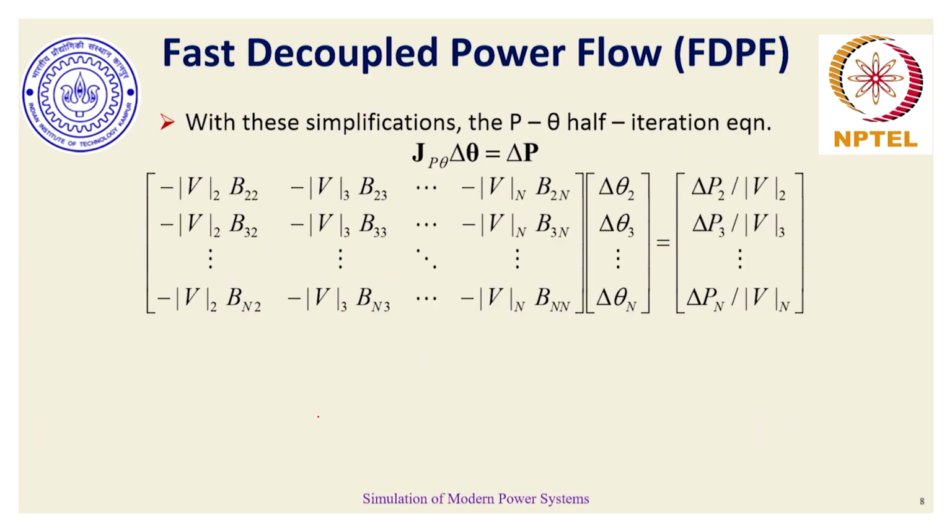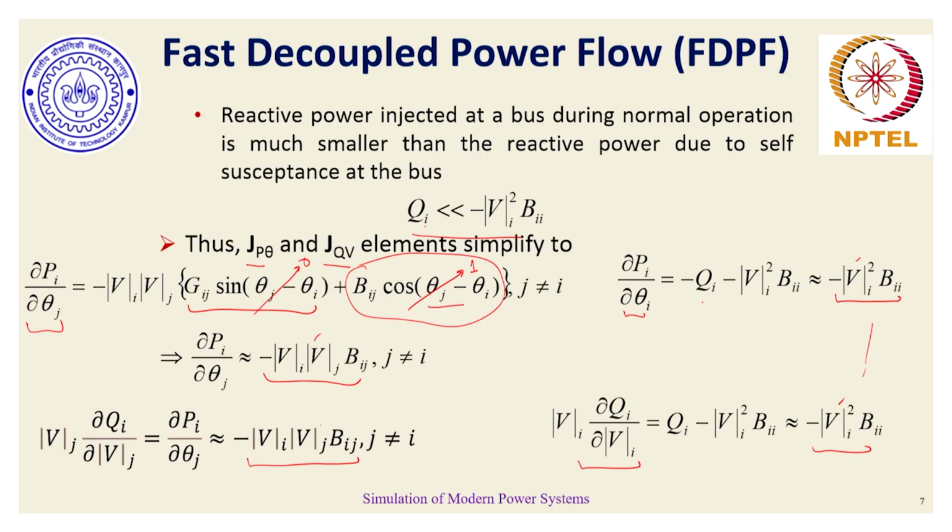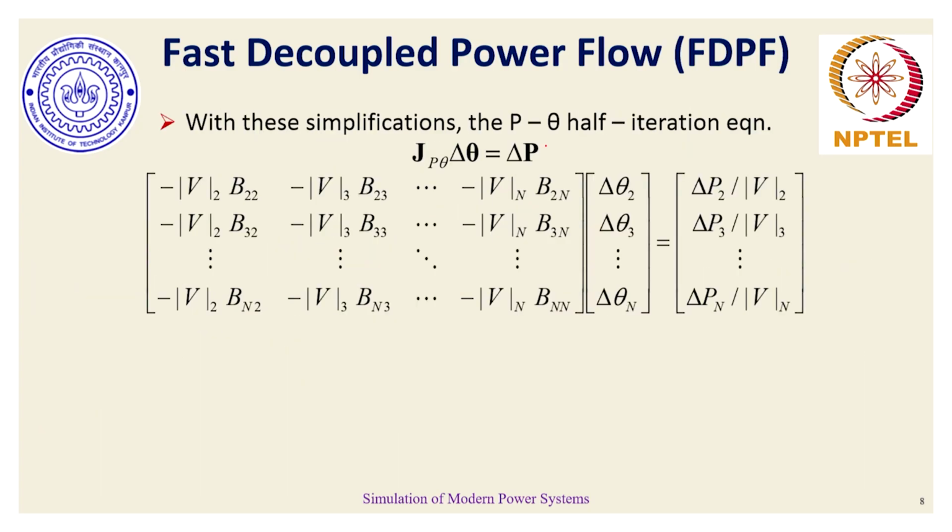So, that is where the next trick came in. For the time being, if we use these elements and put them in the decoupled first half equation that we saw, which is what we call the half iteration equation.